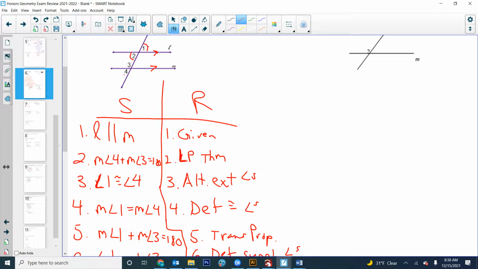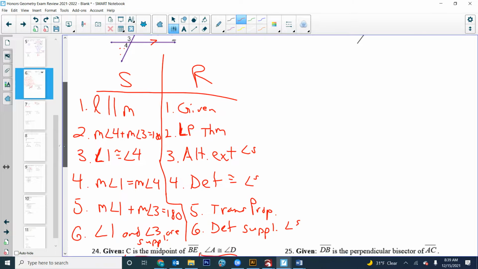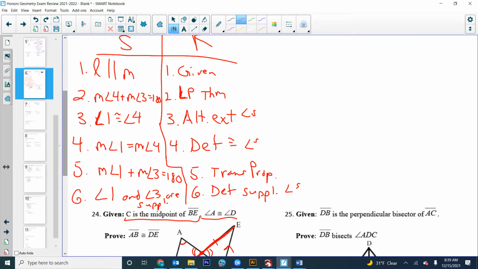Yeah, that's fine too. They did alternate exterior and then linear pair and then a substitution to say 1 and 3 are supplementary.